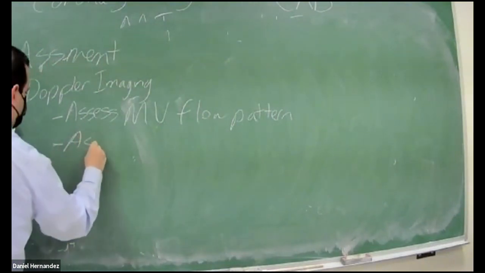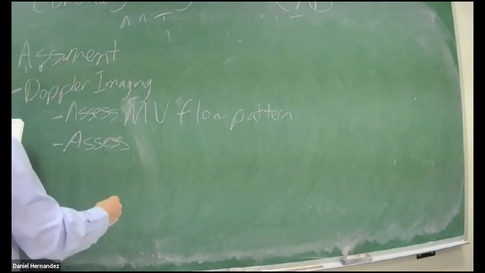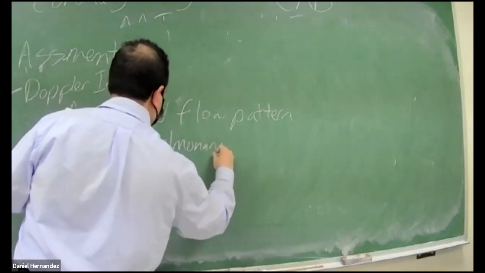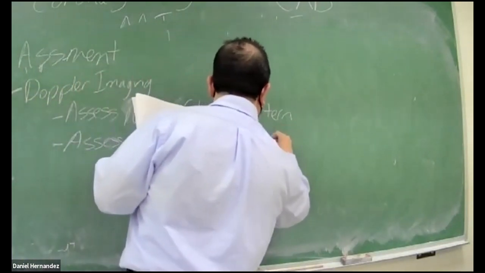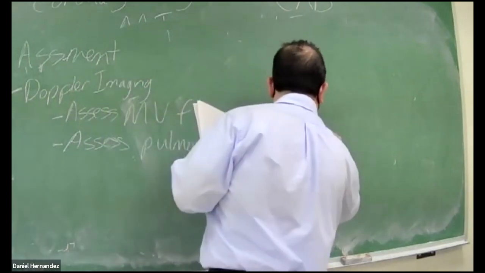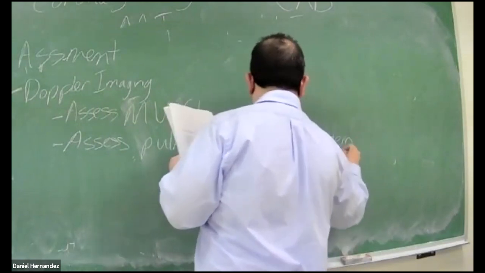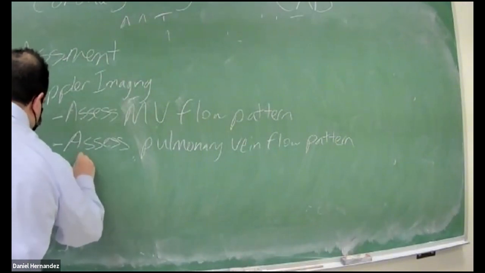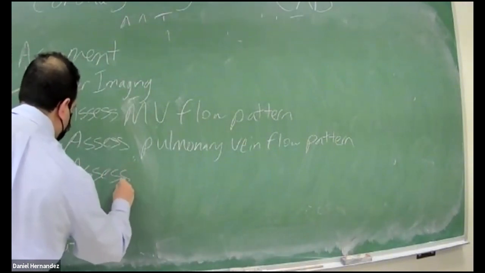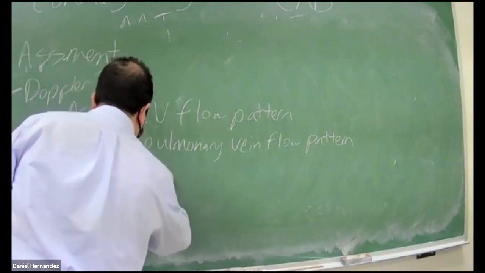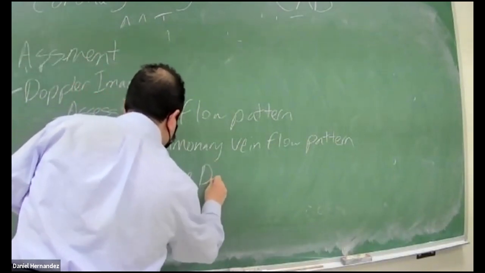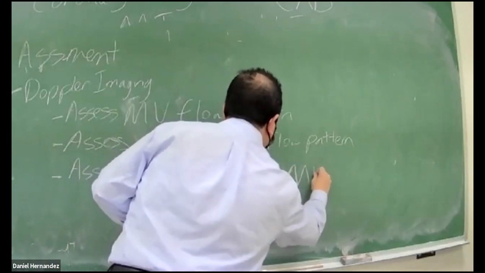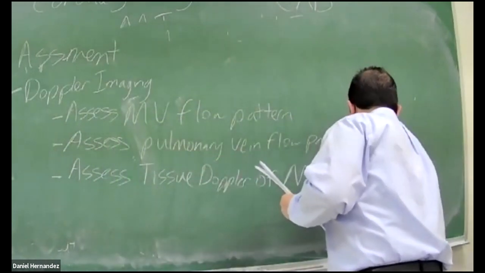We're going to assess the pulmonary vein flow pattern. And we're going to assess the tissue Doppler of the mitral valve annulus.